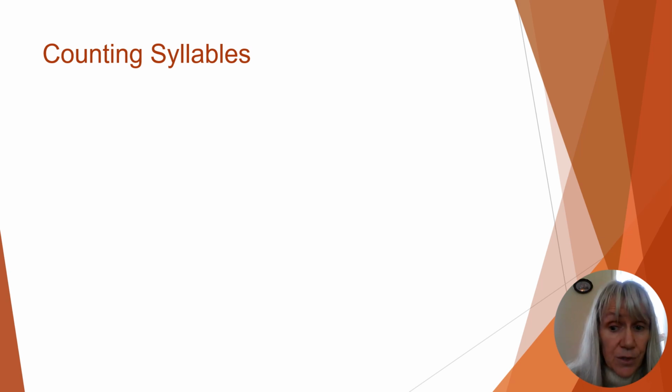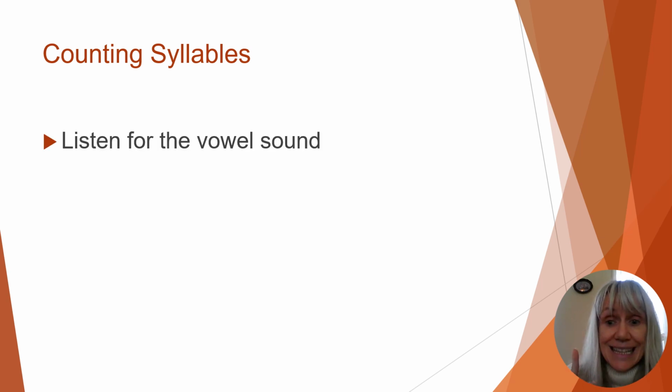Counting syllables then involves listening for the vowel sound. Remember, a syllable contains the vowel sound. So if we are listening for the different vowel sounds in different parts of the words, we're actually recognizing the different syllables. Listen for the vowel sound.